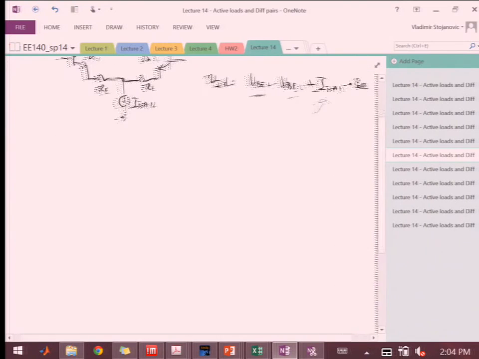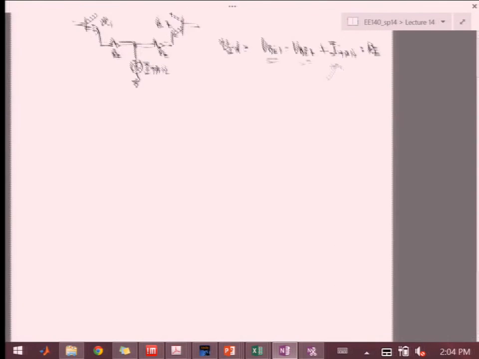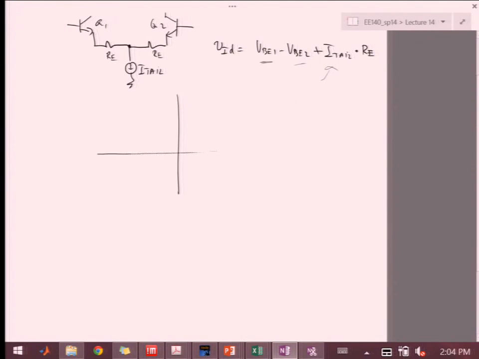But the bottom line is that what this will do is on the characteristics that we talked about in a moment, instead of just doing this, very close to 3VT, you'll get something that looks more like this. It's a milder transition.